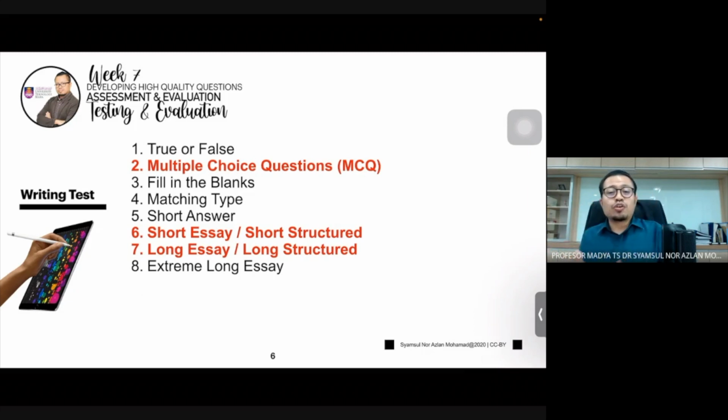There are lots of writing tests that we can put in our question test. However, we need to justify why we choose each of these writing tests, and which one is most suitable for the purpose of the testing.